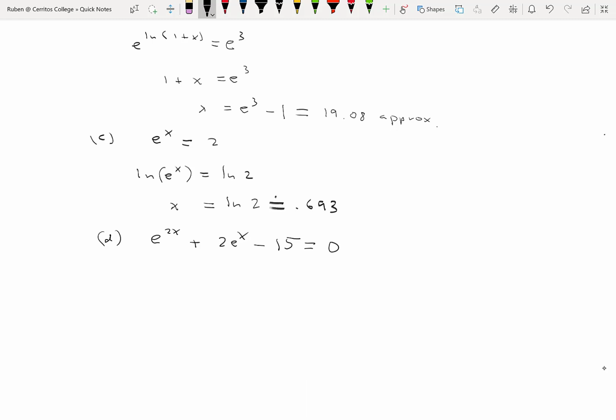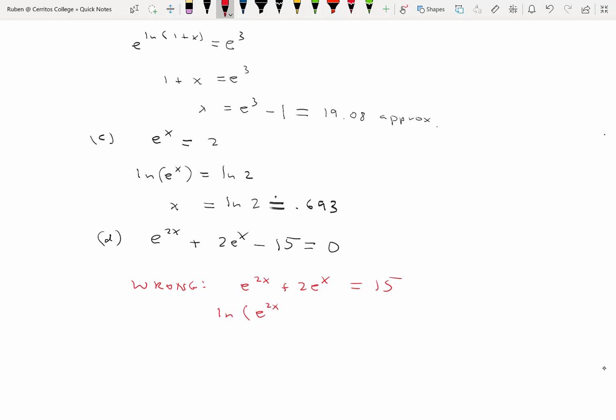This kind of problem is usually done incorrectly by a whole lot of students, so I'm going to show you what's typically done incorrectly, and then we'll avoid that. It's not correct to do, say, e to the 2x plus 2e to the x equals 15. Well, that's not necessarily wrong, but it doesn't get us anywhere.